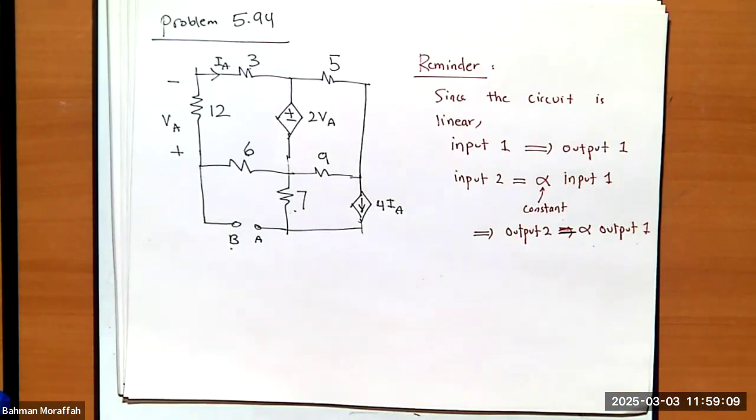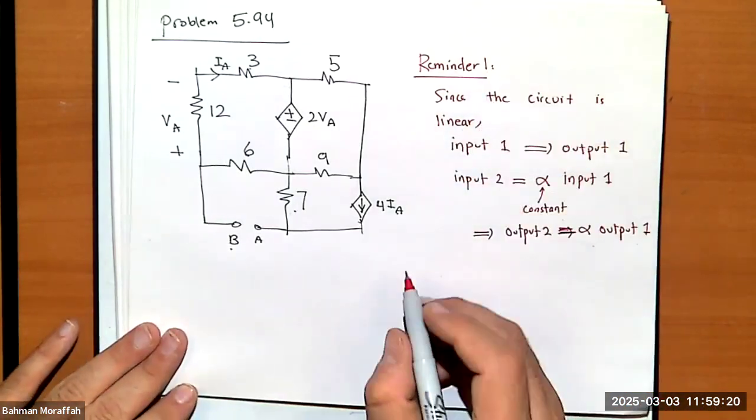Right? That's the homogeneity of a linear transformation in general. So this is reminder 1.